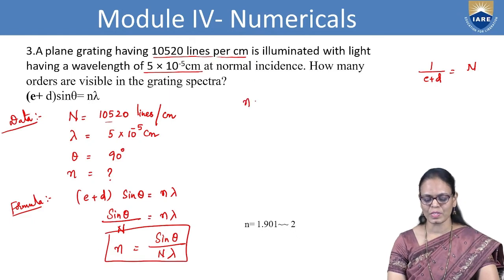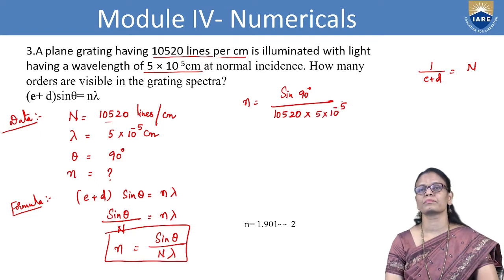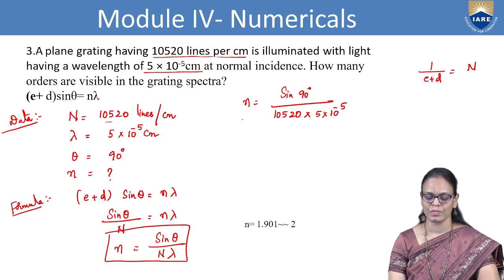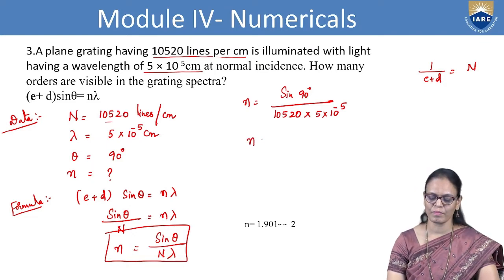n is equal to sine 90 upon capital N, which is 10520, into lambda, which is 5 into 10 power minus 5. So sine 90 is 1.